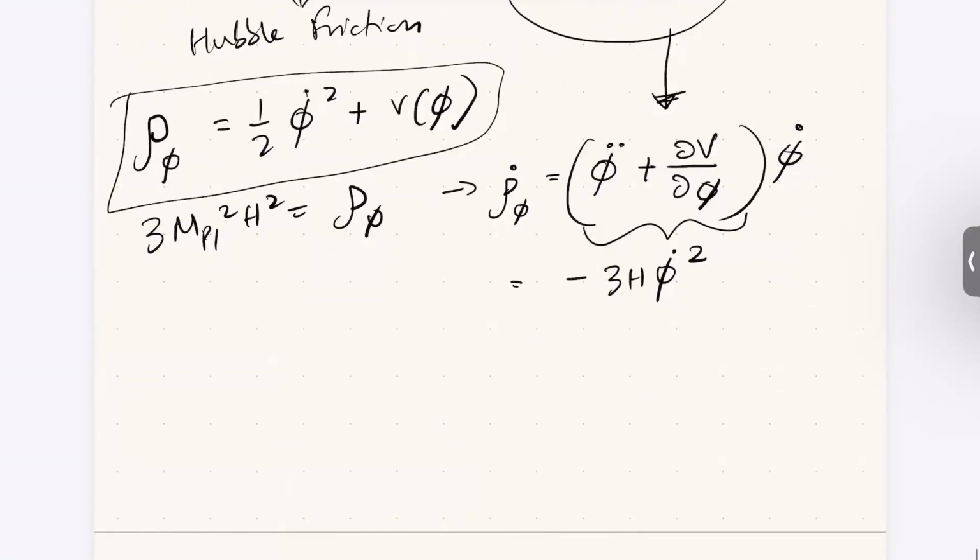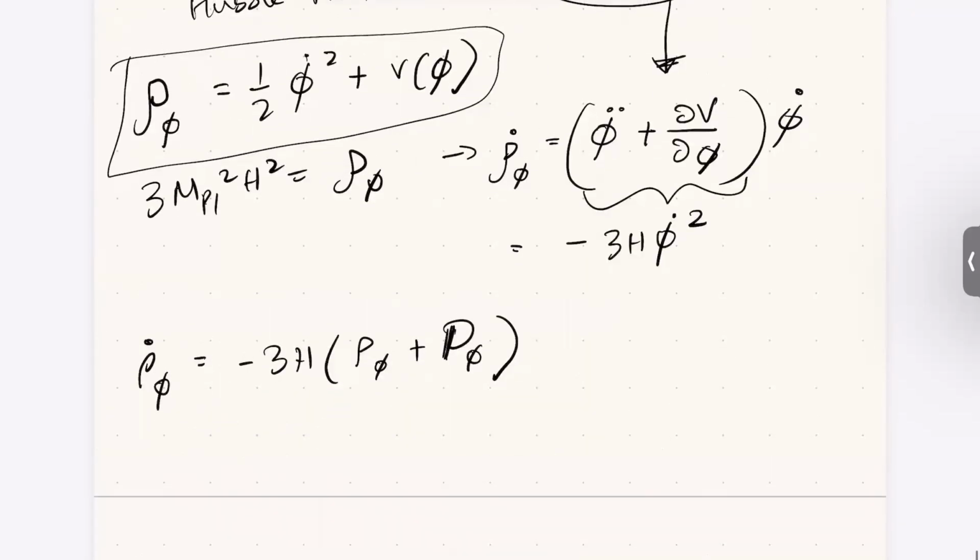And if I compare this with the continuity equation that I gave you last class, remember, from the covariant derivative of the energy momentum tensor, which was given by the following. Now, the subscript phi just means it's all for phi, the inflaton.